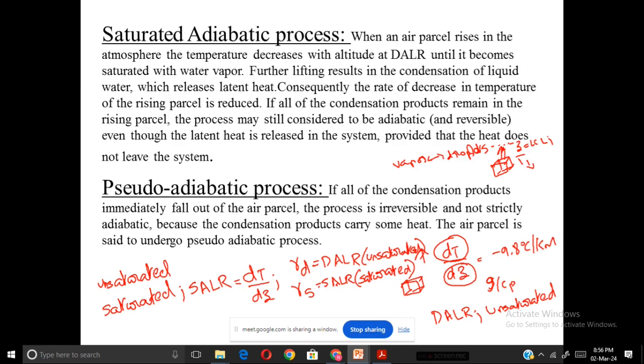So in that case, this process is said to be saturated adiabatic. And when the condensation products that are formed during condensation fall out of the air parcel, there is removal of heat also, as the condensation products carry some heat along with them. So in this case, the process is no longer adiabatic. So that process is called pseudo adiabatic process.